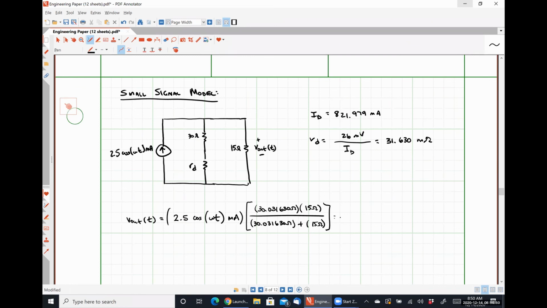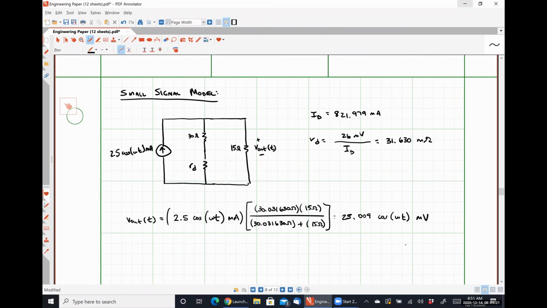No, calculator. So this is going to look like 25.009 cosine omega t millivolts. And our final result then would be to add these two parts together.